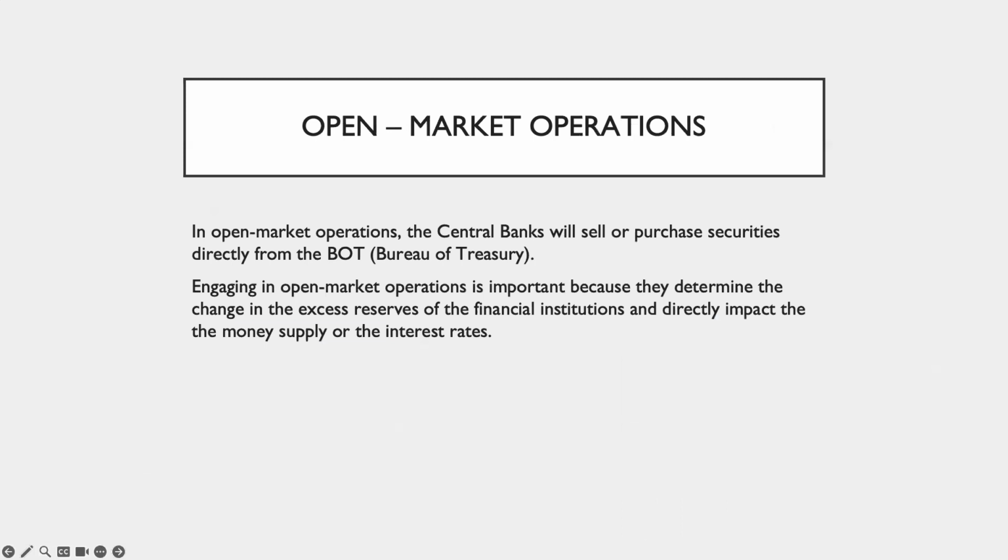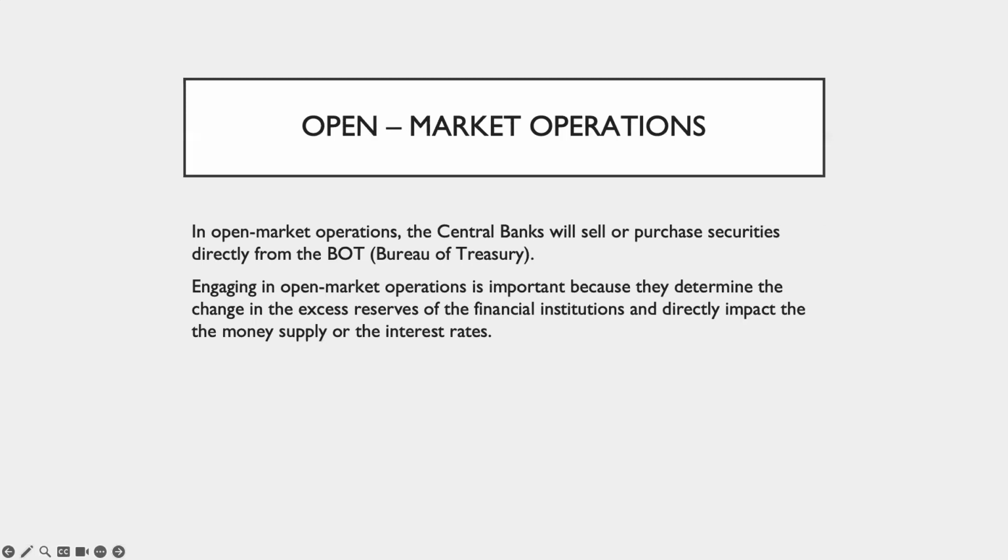Engaging in open market operations is vital because they determine the change in the excess reserves of the financial institutions and directly impact the money supply or the interest rate.